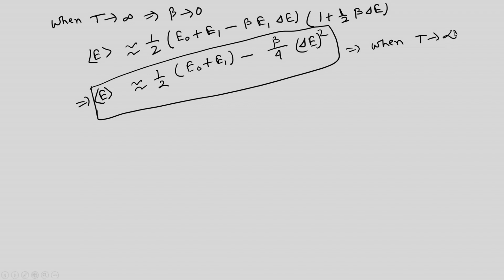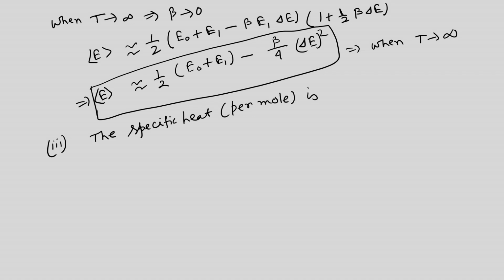Now, problem number 3. We need to calculate specific heat. Okay, the specific heat per mole is C equals Na del E average by del T. So, you consider C bar, the specific heat per mole.